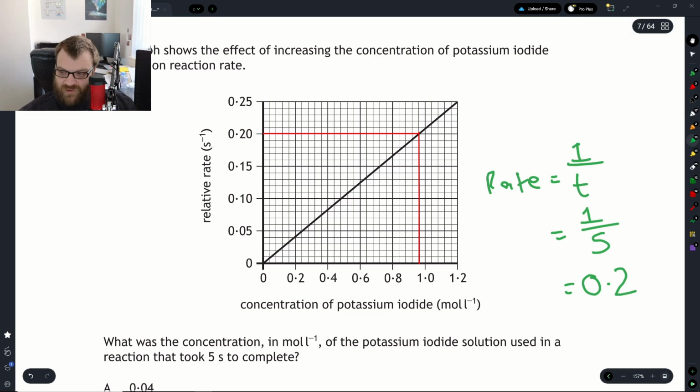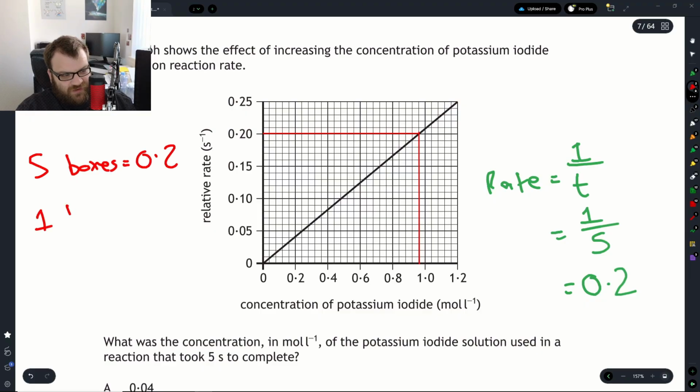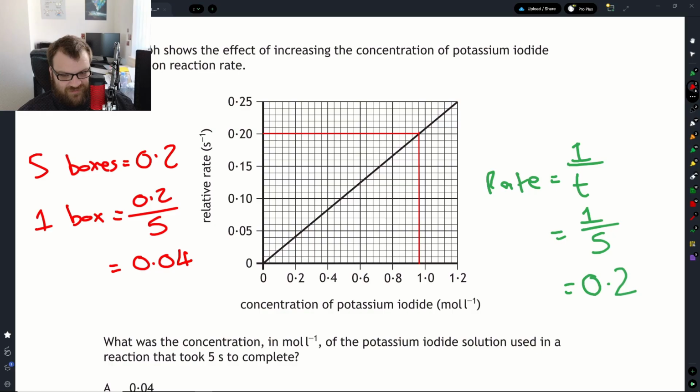We need to decide what we're going to go up in each jump. 5 boxes equals 0.2. So 1 box is going to equal 0.2 divided by 5, which is going to be 0.04. This means that we are 1 box away from 1.